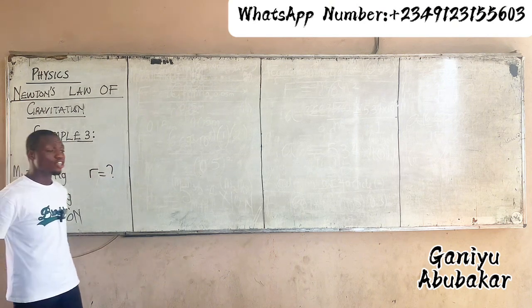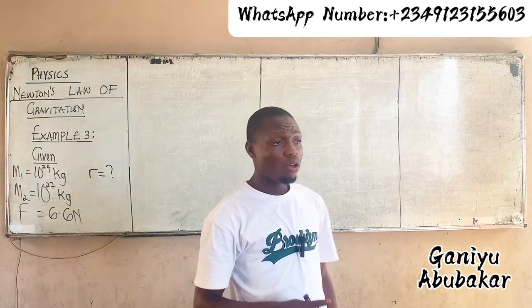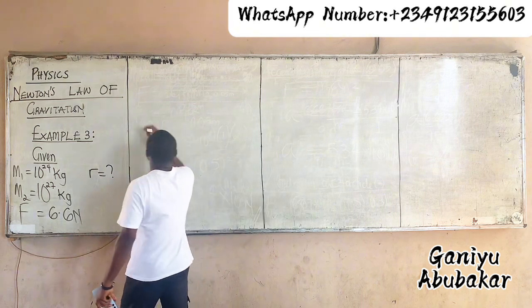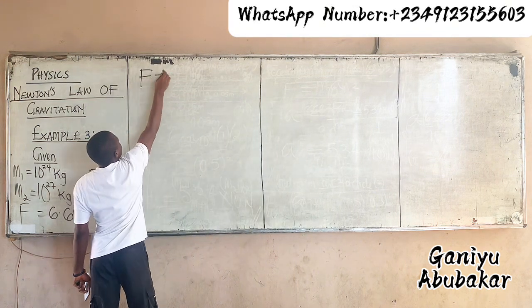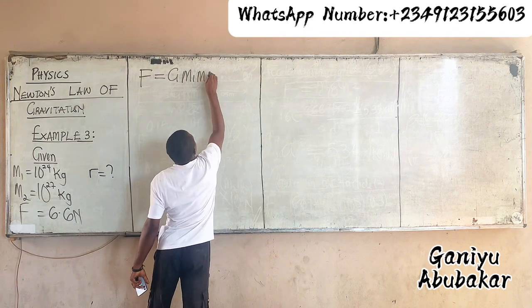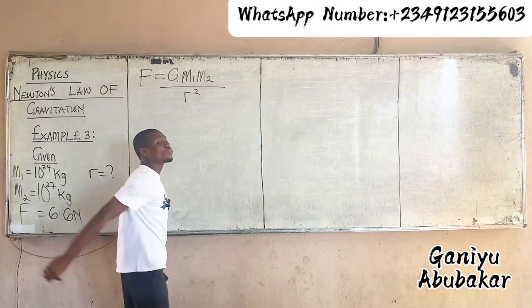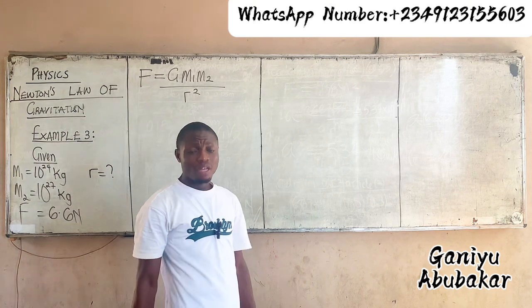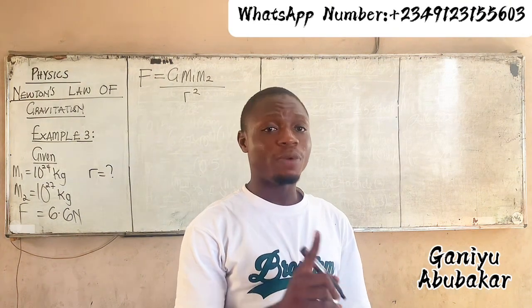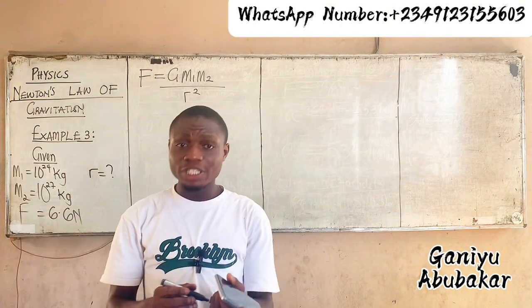It's easy as recalling the formula for Newton's law of gravitation, that F equals G m1 m2 over r squared. Of course, I'm asked to find r, so I have to make r the subject of the formula.